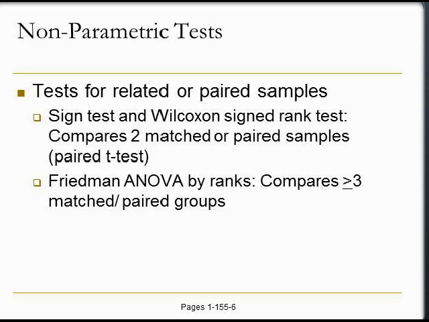Just like the Wilcoxon rank sum test, the Wilcoxon sign rank includes that same word. So if you can think of sign, that may help clue you into the fact that this is a paired comparison or a related samples comparison. Again, it's the cousin to the paired t-test. And lastly, the Friedman ANOVA by ranks is the cousin to the repeated measures ANOVA.